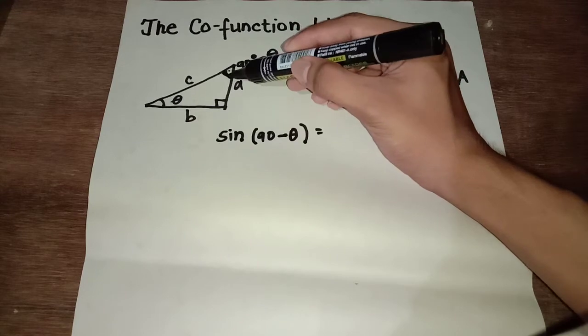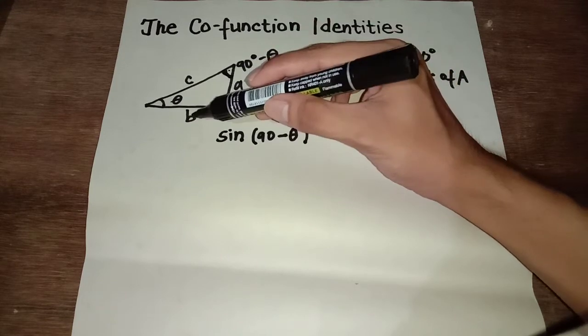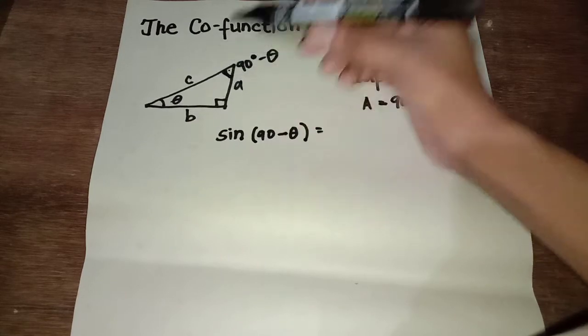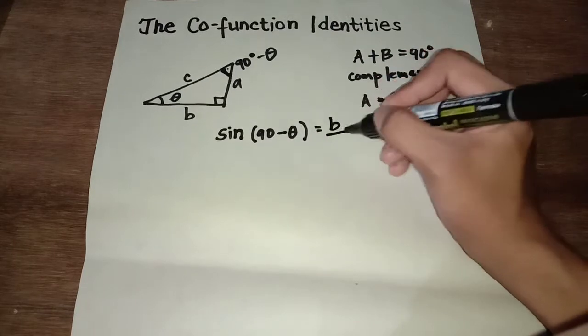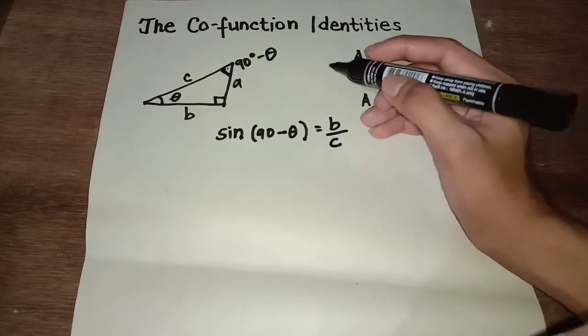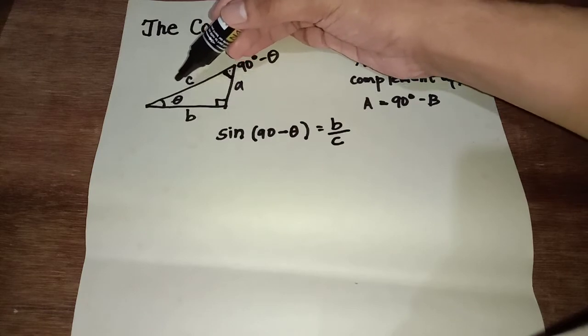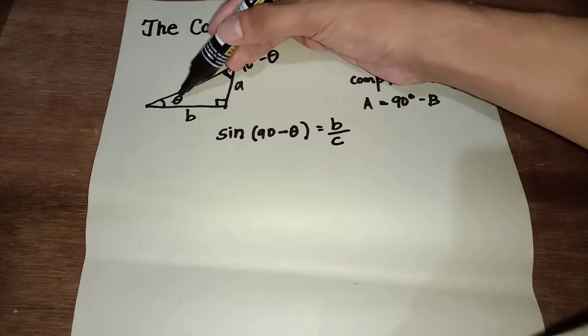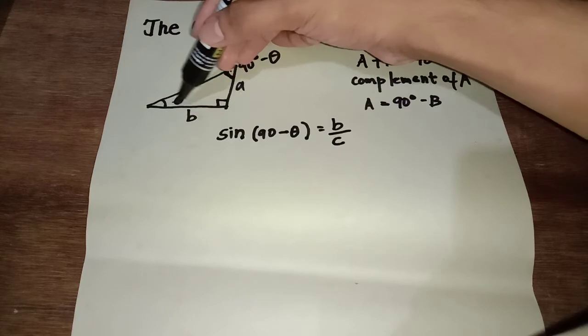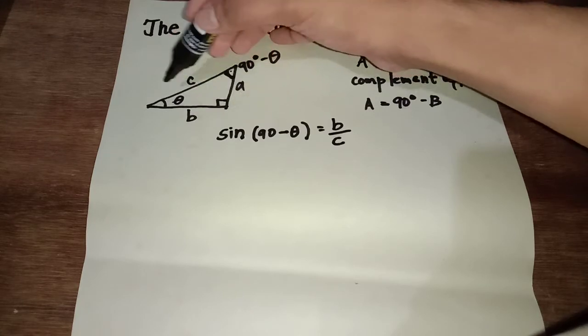So since this is our reference angle, ang opposite side niya ito, and then hypotenuse, so that is B over C. But if our reference angle is this, ang B ito, which is the adjacent side, and yung C ito.